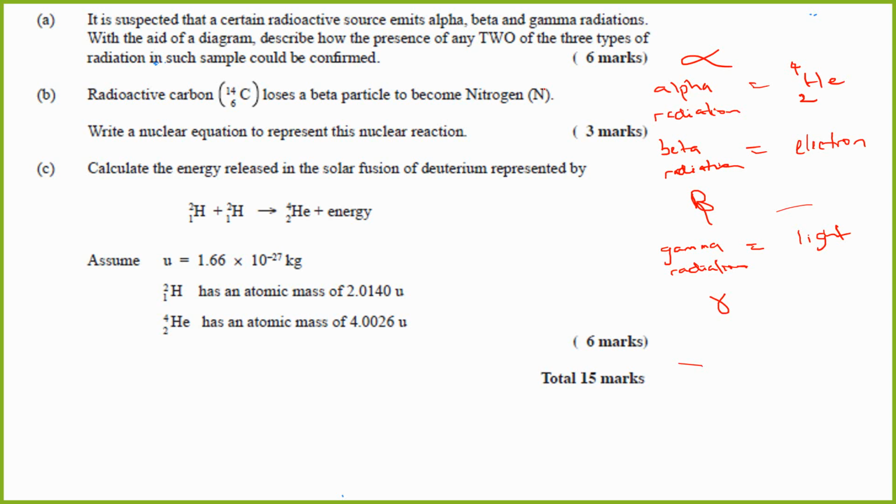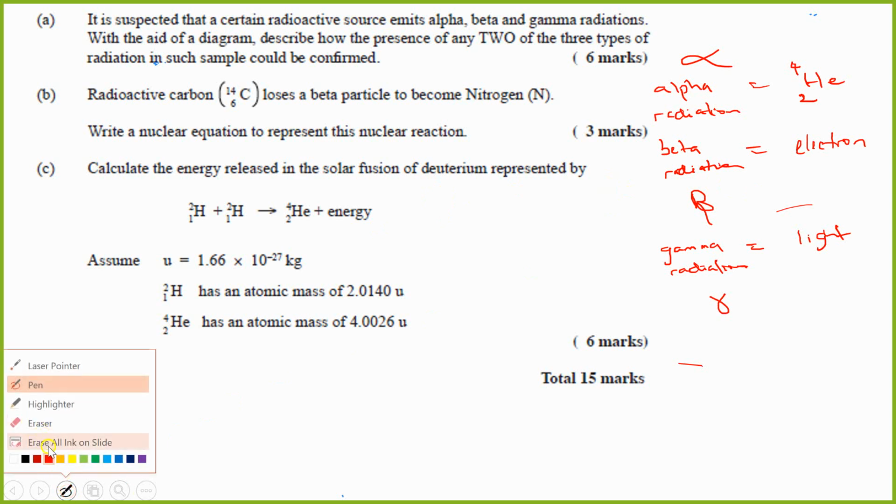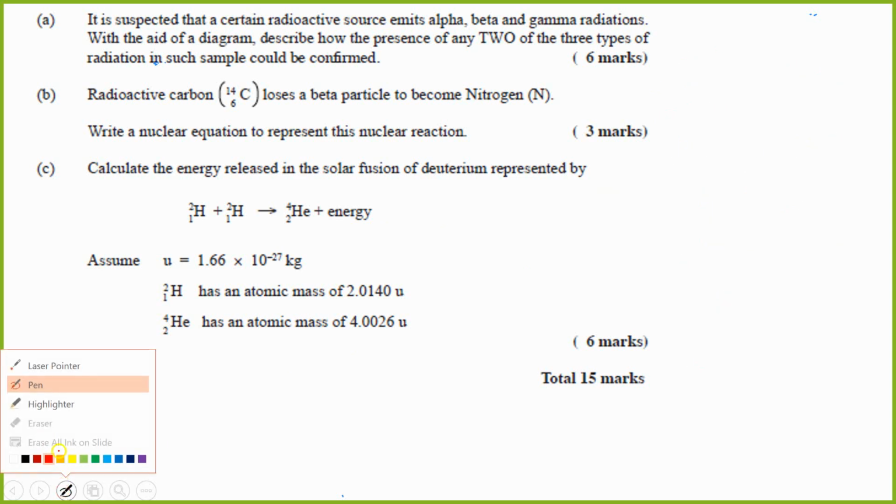Now, there are several ways you can look at this. One way we could look at it is by way of a cloud chamber. There's a thing we call a cloud chamber, and you guys definitely have to go back over this information, just for better understanding of the core concept.